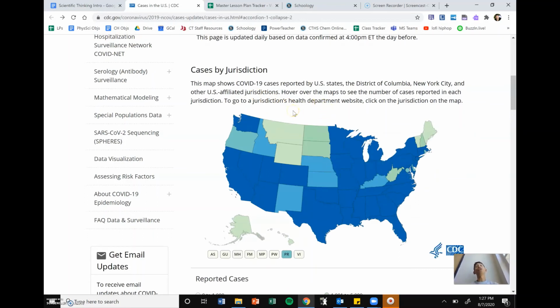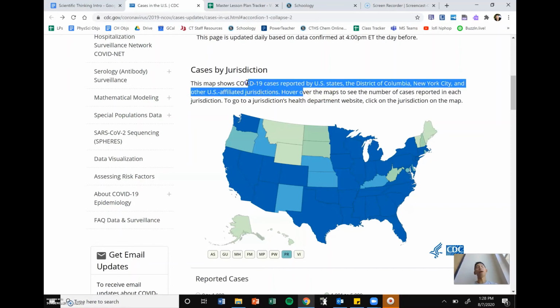However, because you need one entity to get all of this data from multiple hospitals and states into one place, I personally would call this a primary data source because their type of experimentation is really just to collect this data and to share it. So you could argue it one way or the other. I would argue it as a primary data source, even though they didn't do the testing themselves.